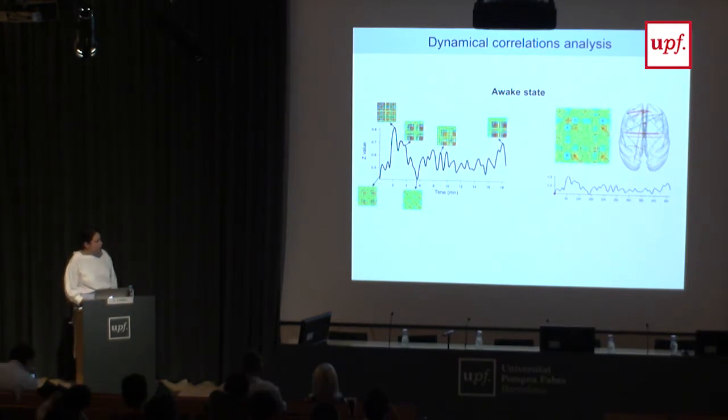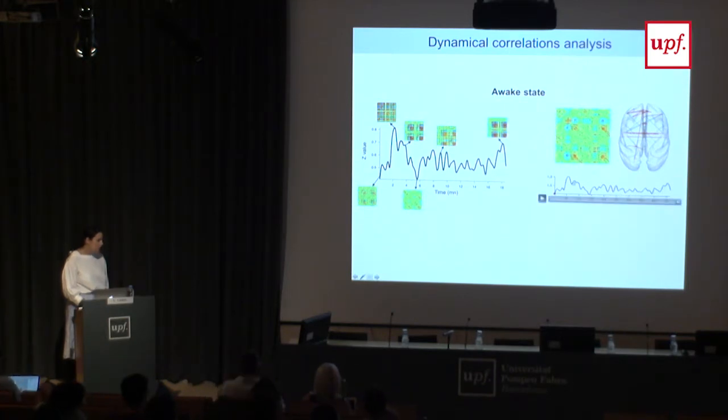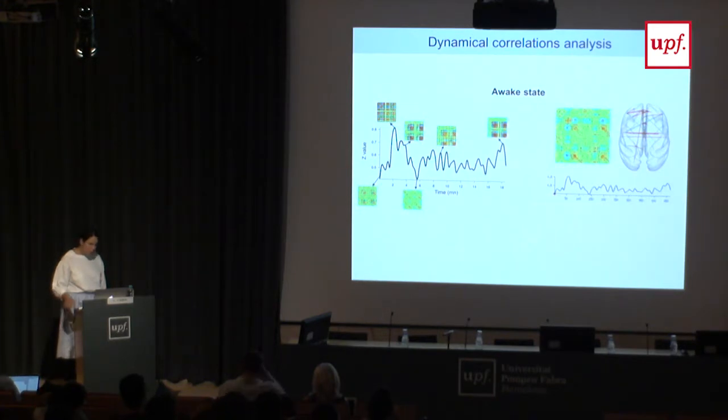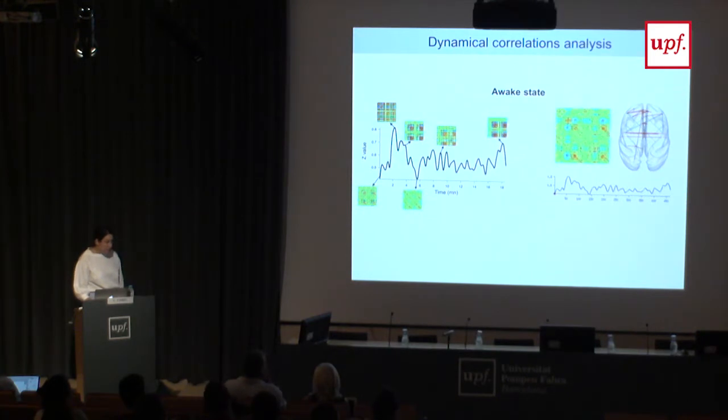We also did a dynamic correlations analysis, because if you are doing nothing during 20 minutes, it was shown first in humans by the study of Lynn that the brain is not in the same state during the 20 minutes of resting state. The state of the brain could change, because at some moment you could think about something, and at some other moment perhaps be doing a task.